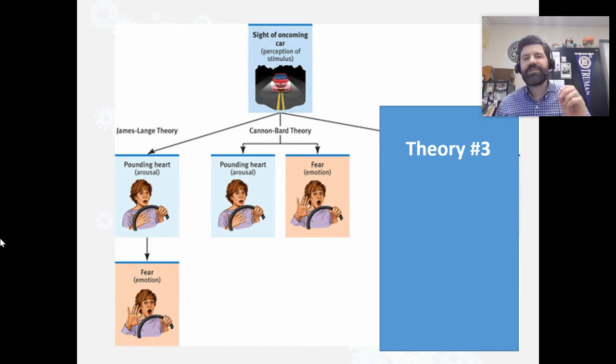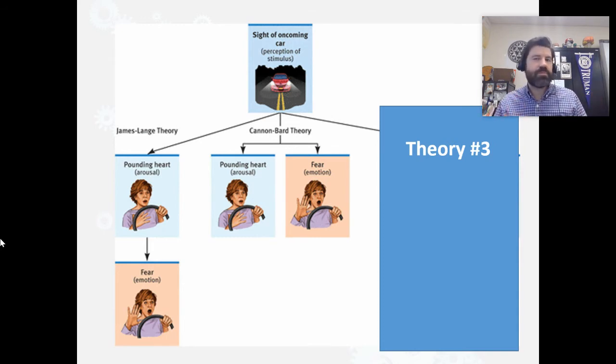And it will simultaneously also go to your cortex, where it will be interpreted as a particular emotion. I am afraid. In other words, when you have that oncoming car, that stimulus, the physiological response and the emotion will happen simultaneously and separately. One does not influence the other, according to Cannon-Bard. They happen simultaneously and separately.